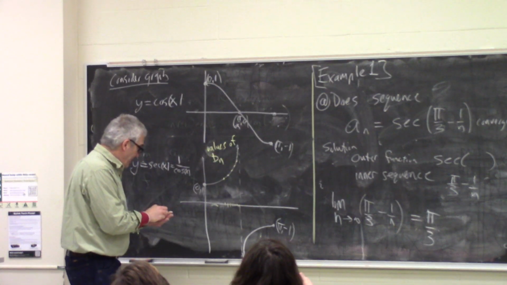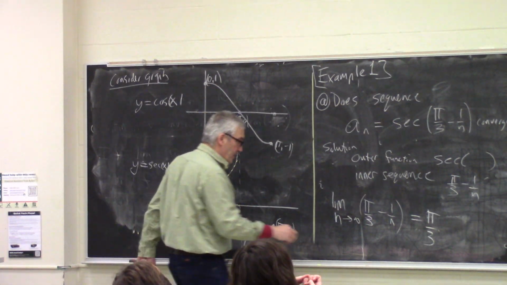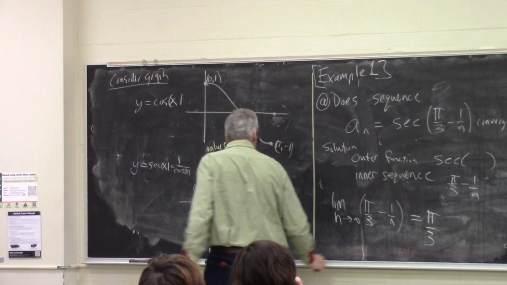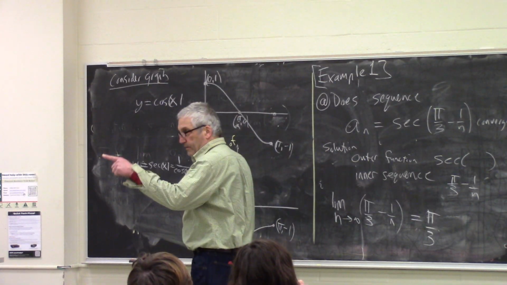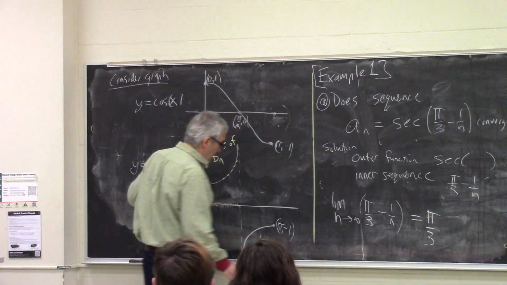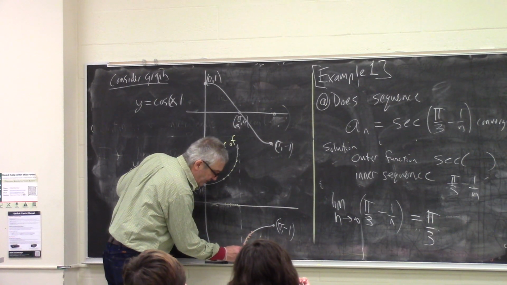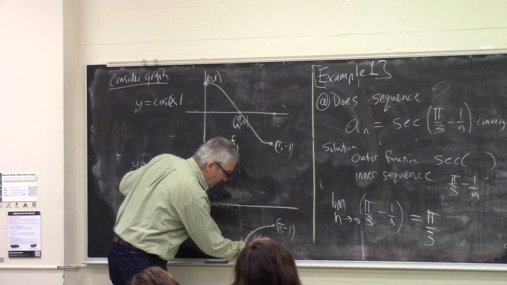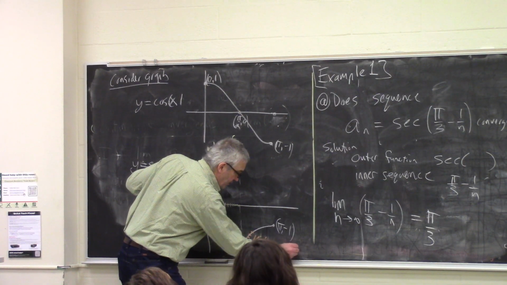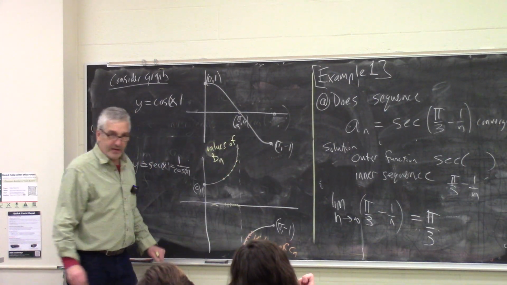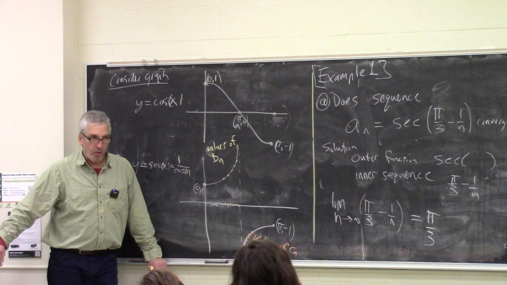Now let's look at the y values of Cn. Well, Cn, again, we're to the right of pi over 2. So the values of Cn are doing this. They're definitely getting more and more negative without bound.